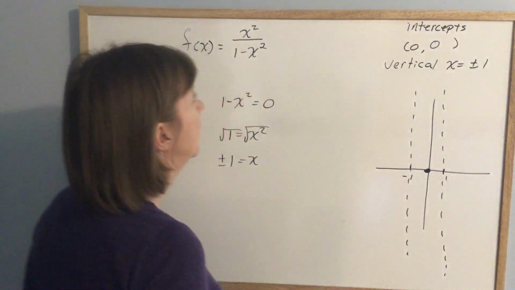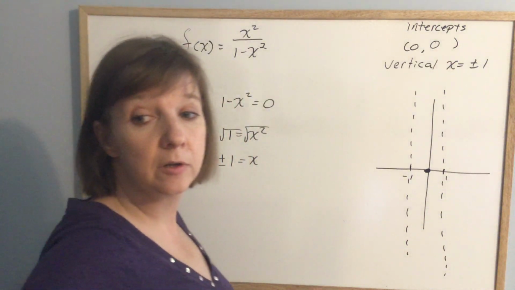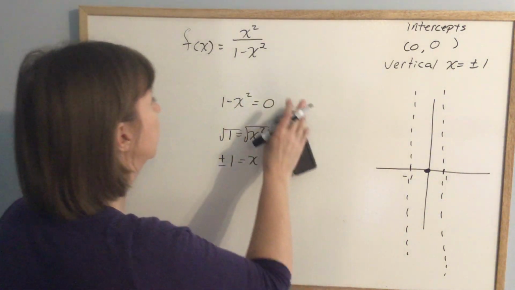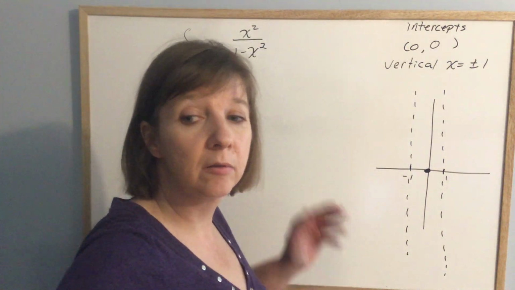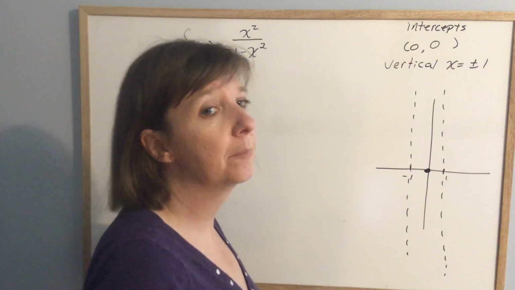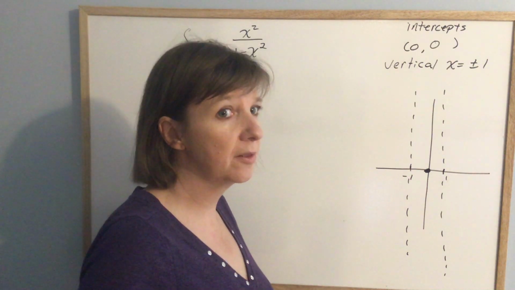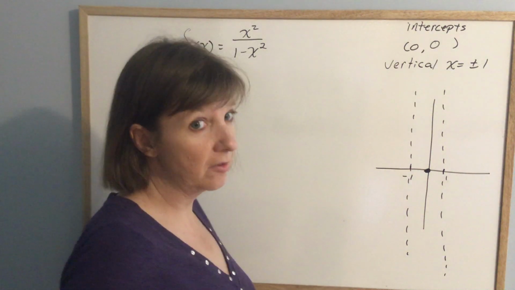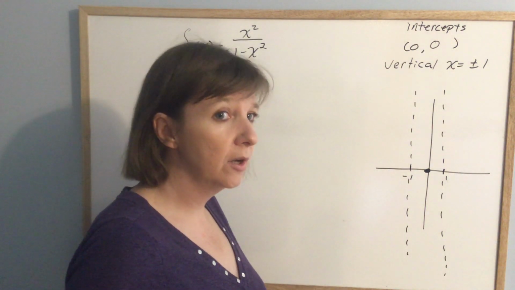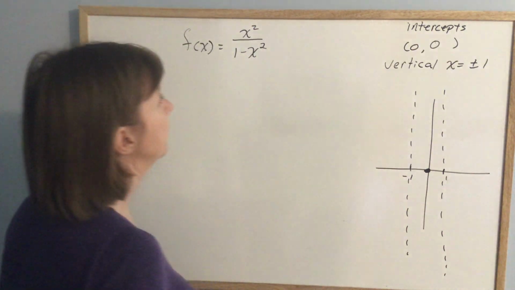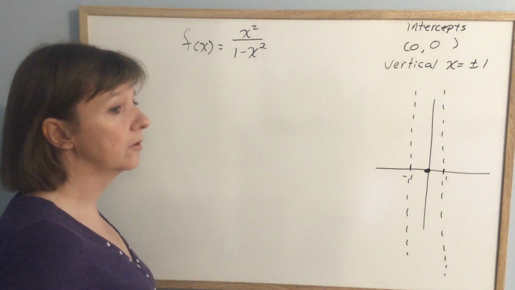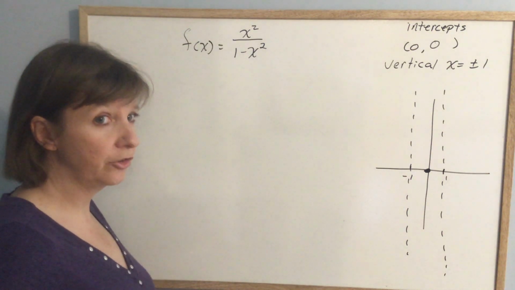All right, now we need to talk about, are there any horizontal asymptotes? Well, I know if the degree on the bottom is bigger than the degree on the top, then there's a horizontal asymptote at 0. That's not the case here. I know if the degree on the top is the same as the degree on the bottom, then there is a horizontal asymptote, and I have to look at the leading coefficients.